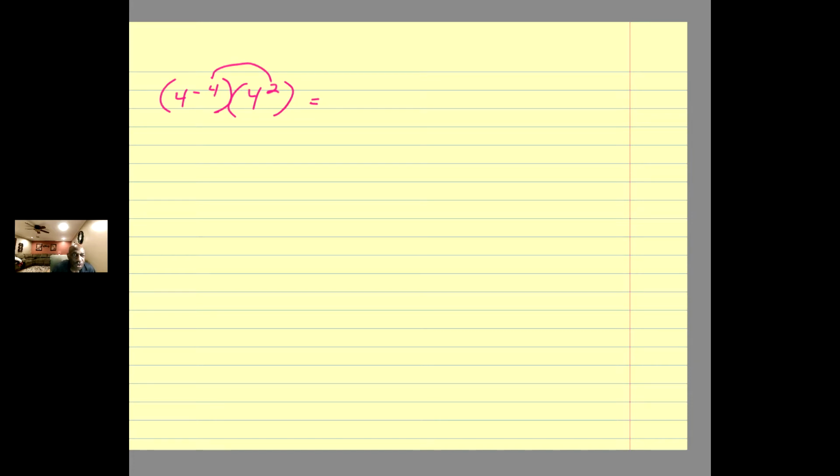So I'm just going to go 4 to the negative 4 plus 2. What is that? That is 4 to the negative 2nd power. Am I done? Nope, I am not.